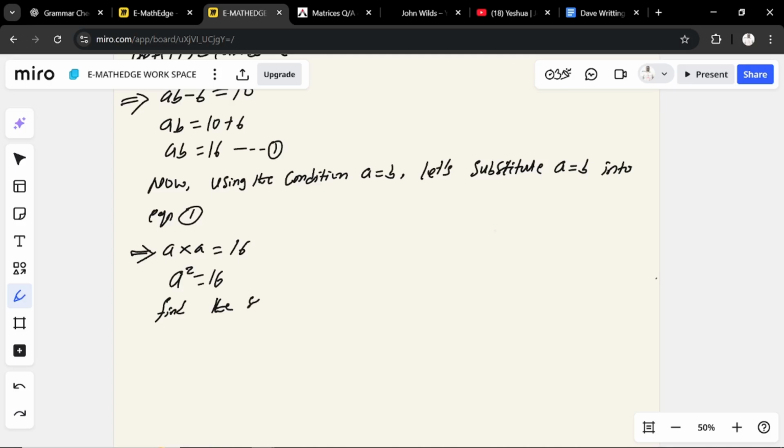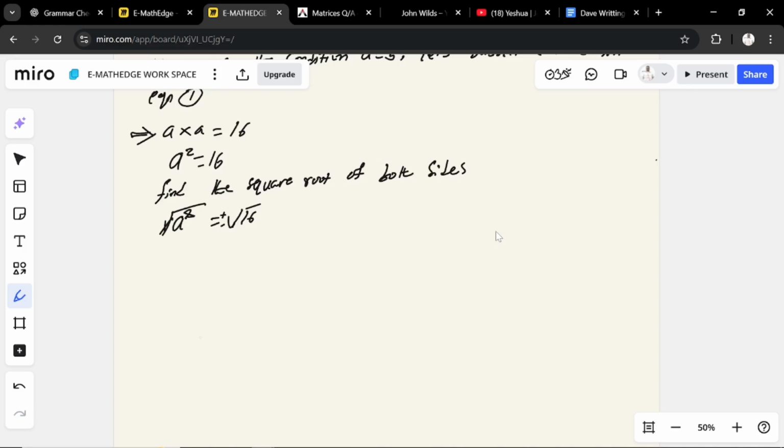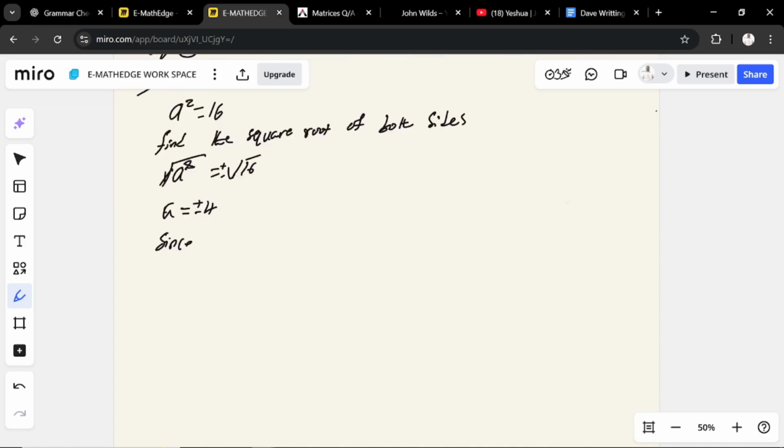Find the square root of both sides such that we are going to have the root of A squared to be equal to the root of 16. Mind you, introducing root into 16 is going to be plus and minus, such that we are going to be left with A to be equal to plus or minus 4, right?